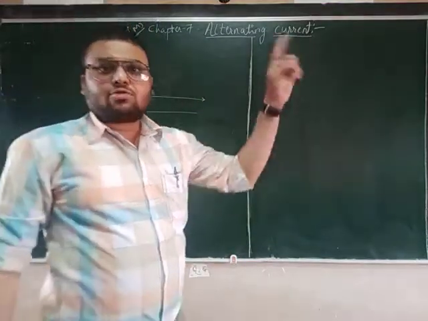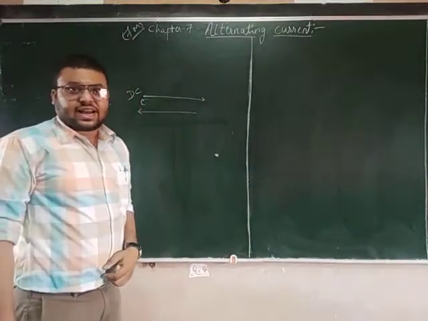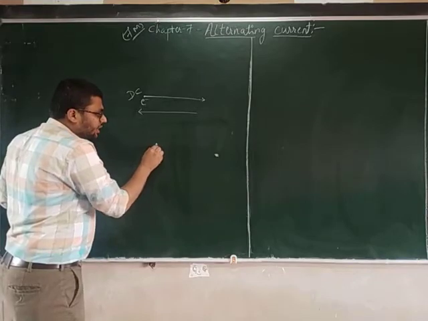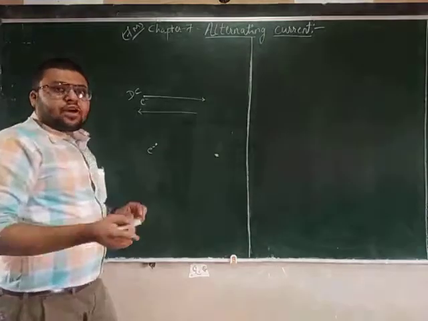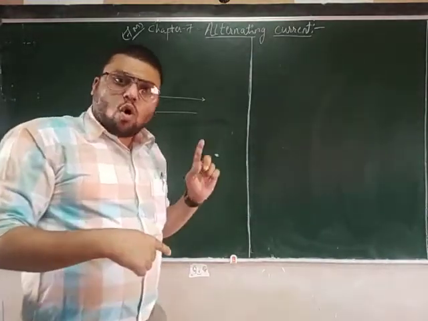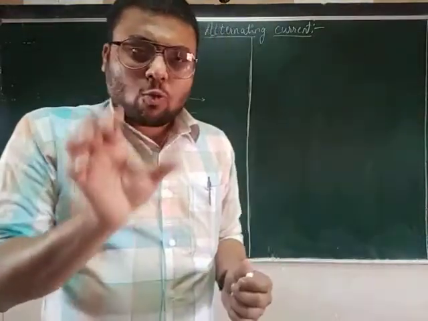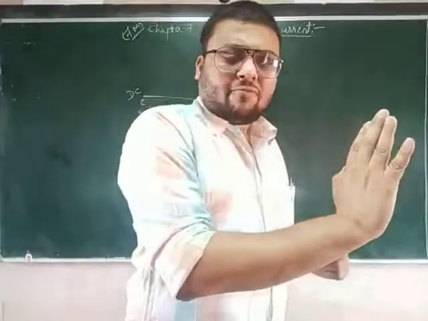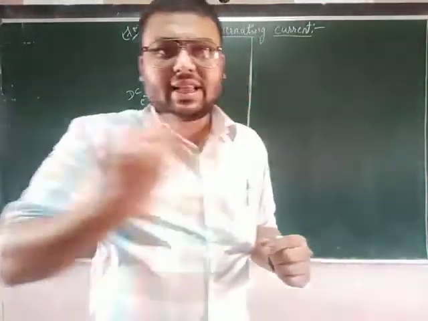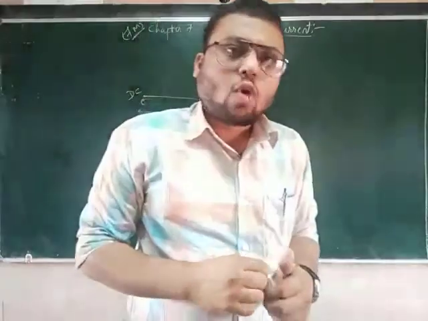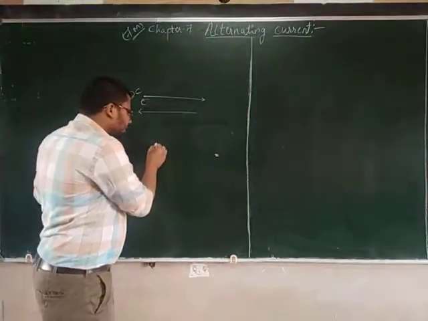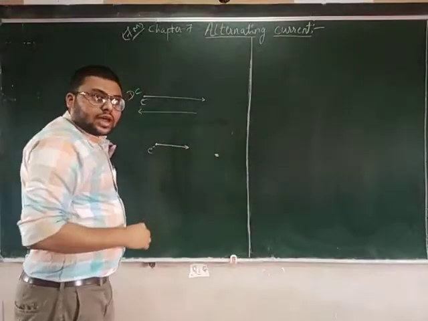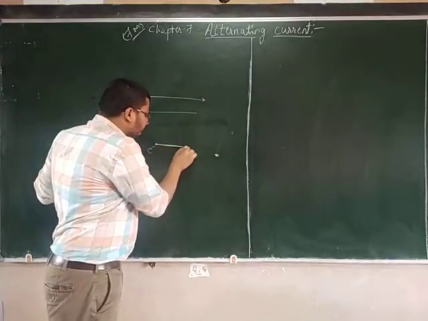But in the case of alternating current, if you have applied alternating voltage, the work done will be half in one direction and half in the opposite direction. So what happens? The electron is going to move first in this direction.